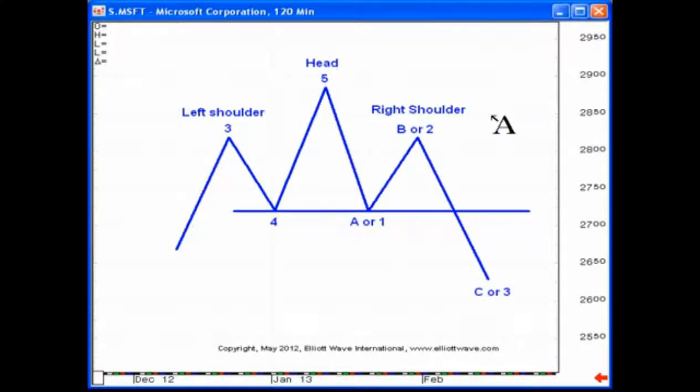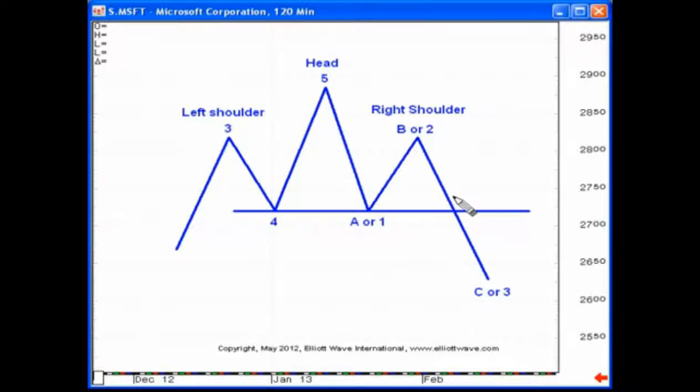From an Elliott wave perspective, think of the extreme of the left shoulder as the extreme of wave 3. Then you have your 3-wave pullback in wave 4, and then you rally to a new price high. That represents wave 5, or the head. Following the head, you see an initial move to the downside that represents wave A, or 1. Then a 3-wave counter trend move back up is your wave B, or 2, which equates to the right shoulder.